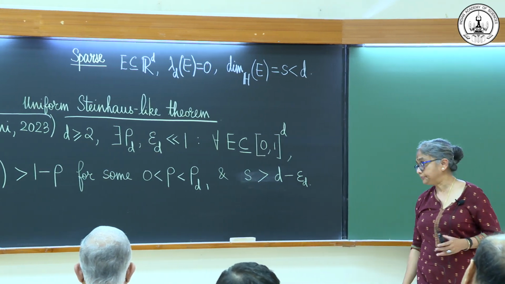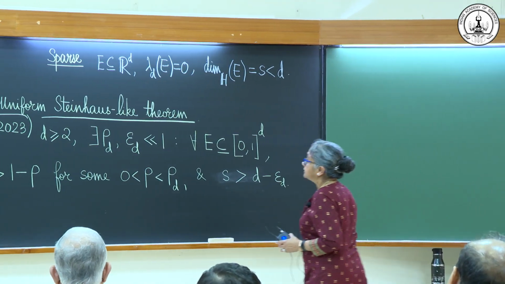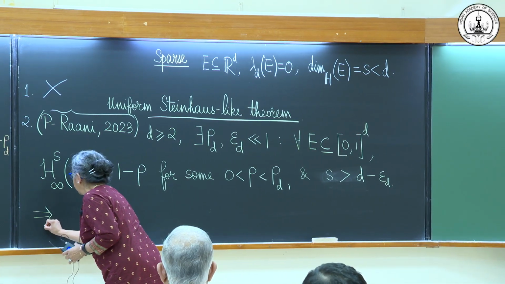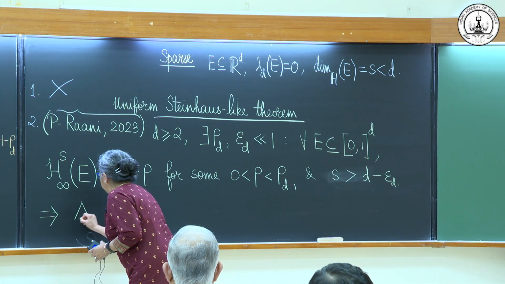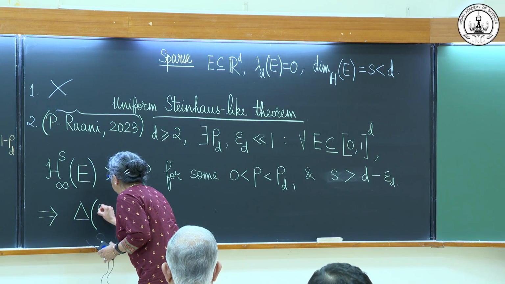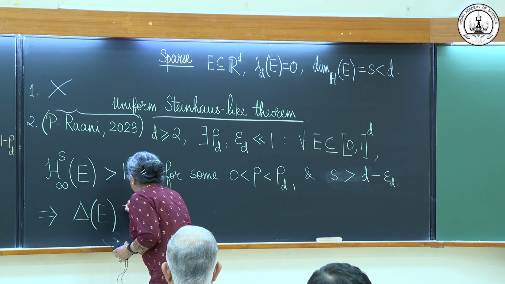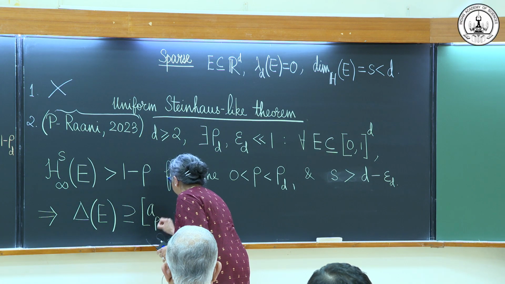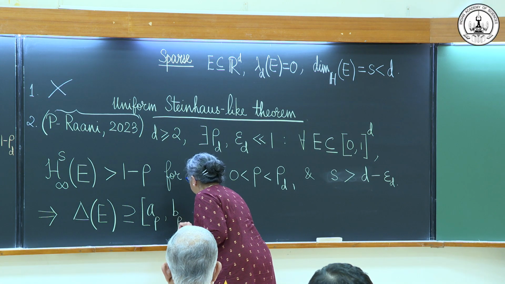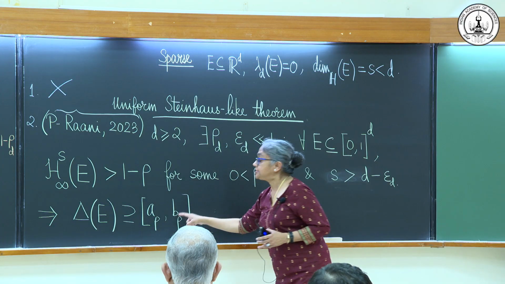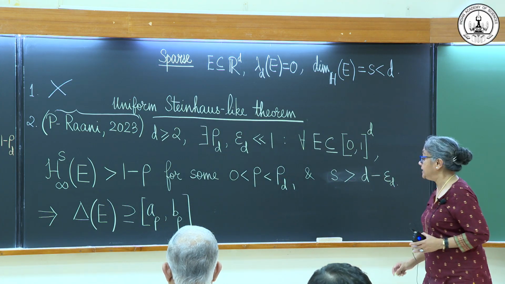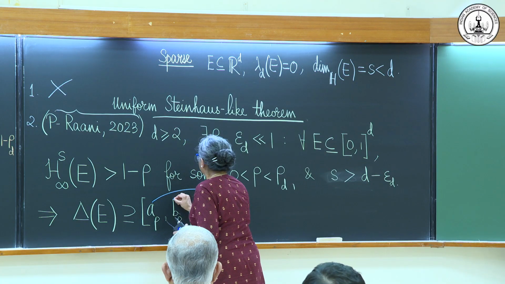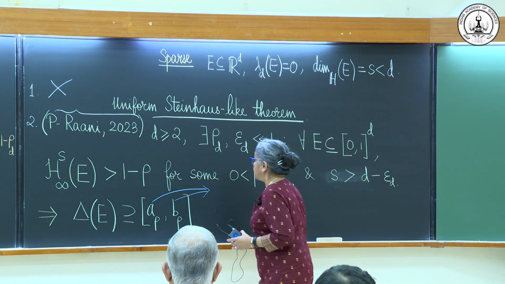Okay. Then what's the conclusion? The conclusion is that delta E contains an interval [a_rho, b_rho], where these two numbers, a and b, are constants depending only on rho and on nothing else.